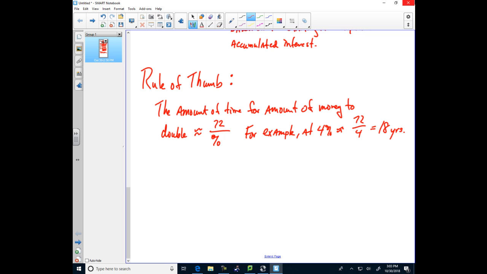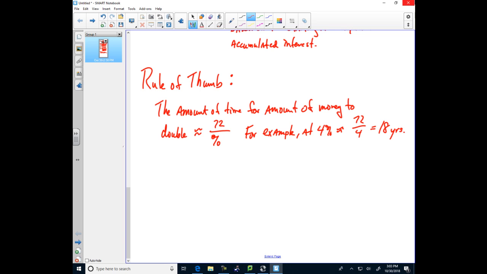So what Gretchen is saying is, if you're young, say you're 20 years old, you invest some money at even 4%. By the time you're 38, it will have doubled. And then by the time you're 56, it'll double again. So even at 4%, it only takes about 18 years.